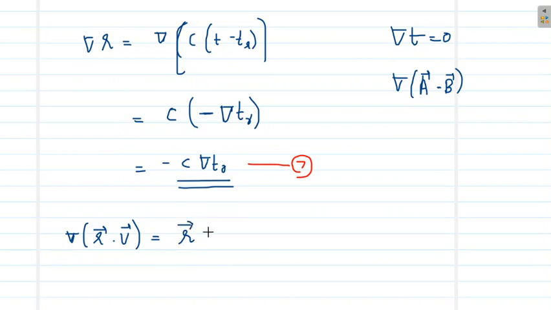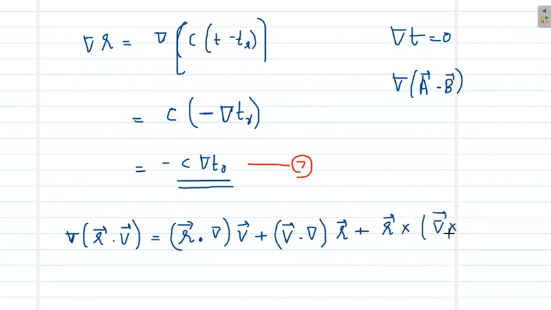So its expansion is r bar dot del of v bar plus v bar dot del of r bar plus r bar cross del cross v bar plus v bar cross del cross r bar. So we have 4 terms here with different combinations. This is the product rule for del of r bar dot v bar.